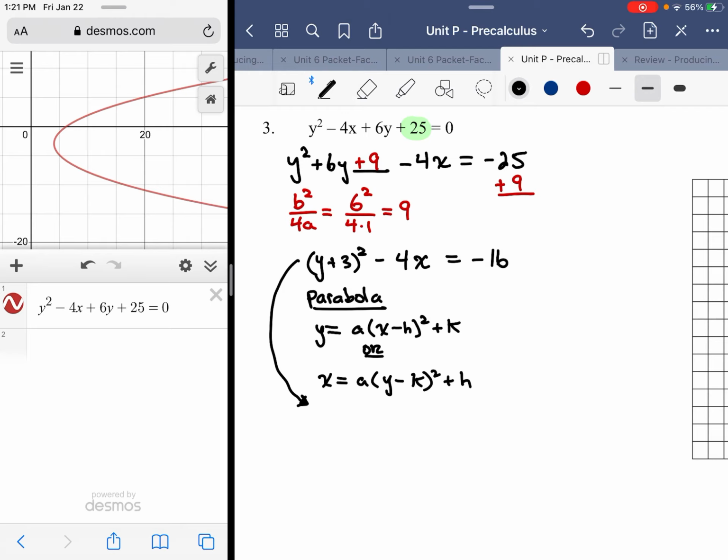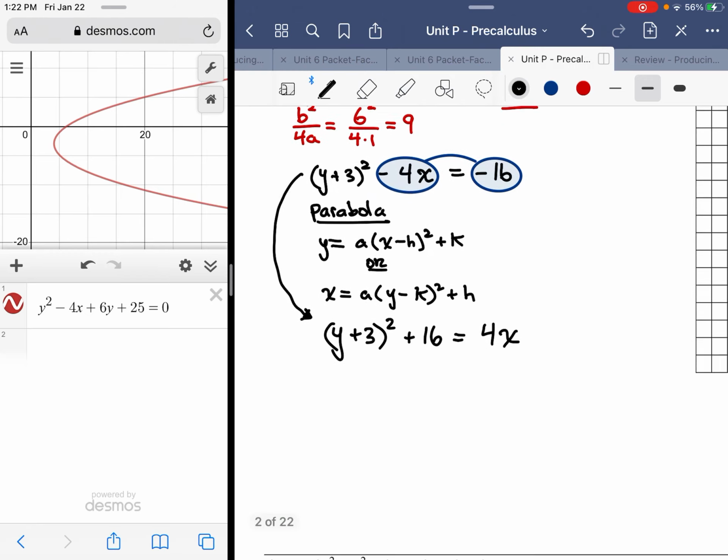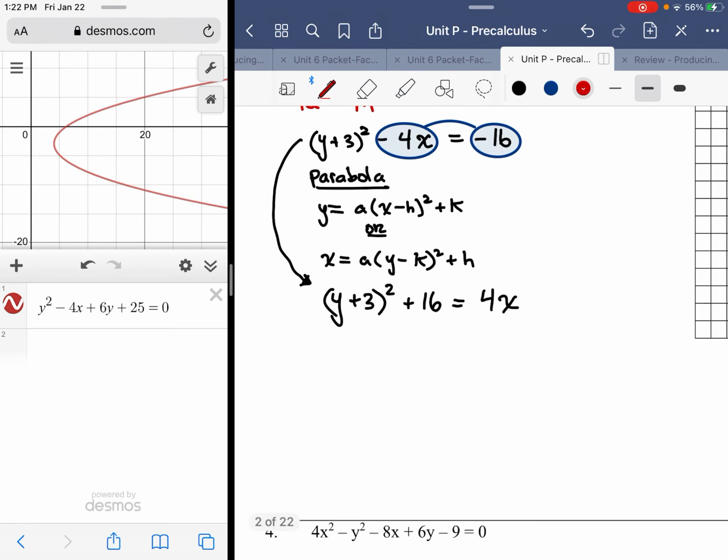All right, so I'm going to solve this for x, and to do so, I'm going to get a little cute here. I'm just going to do a little switcherooski on these two. And you can't just swap them, you algebraically swap them. So it's going to be y plus 3, the quantity squared, plus 16 equals 4x. I want to get x alone, so I'll multiply both sides by 1/4.